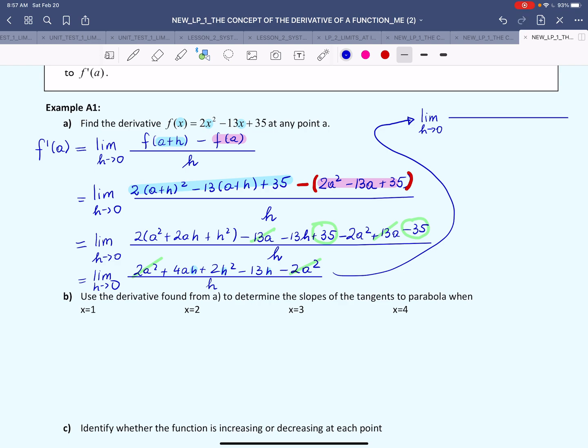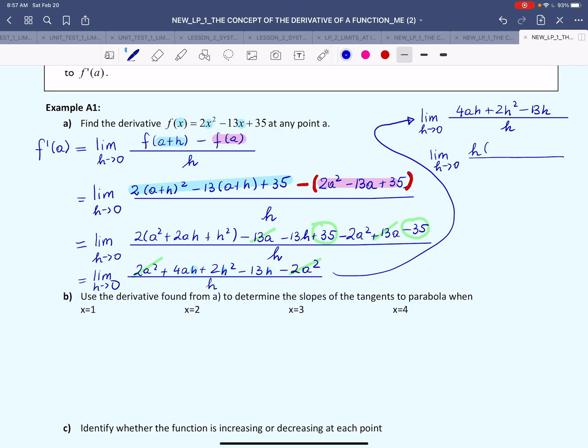So for 4ah and 2h squared, since we're here, we can factor the h, but I'm going to take the long way so that I won't lose anyone in the process. But you will see that with practice, there are steps that you will find very easy to do in between.